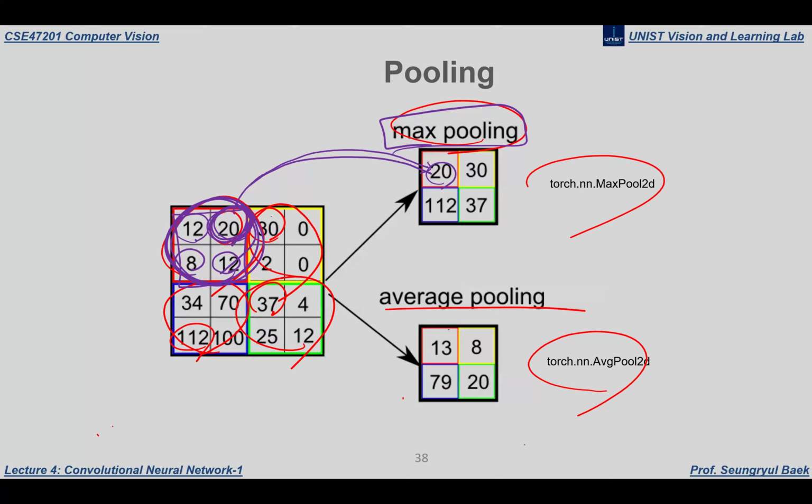And also, picking the largest value out of these 4 to make this 1 pixel is multiplying 0 to the other values and multiplying 1 to this largest value and adding them, okay? Because of that, the output is still differentiable with respect to the input and also their parameters, okay?